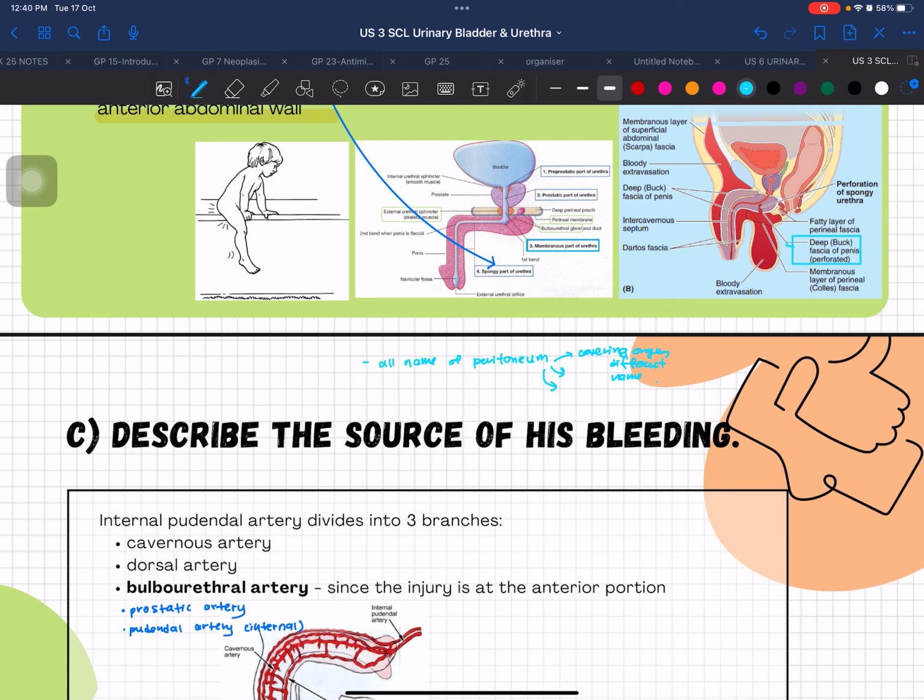So sympathetic kicks in, and that inhibits this muscle. Relax.